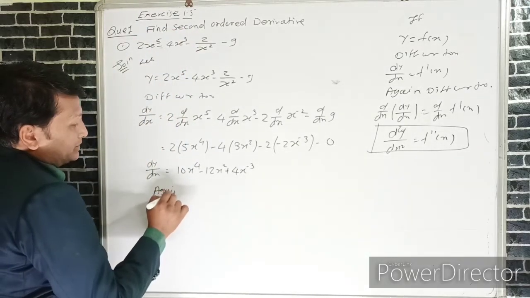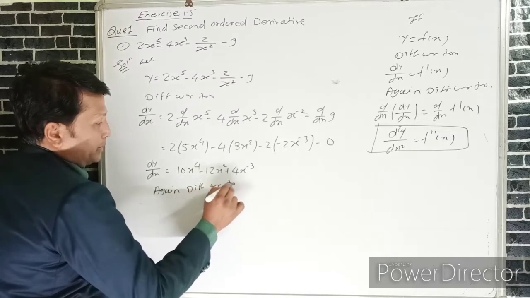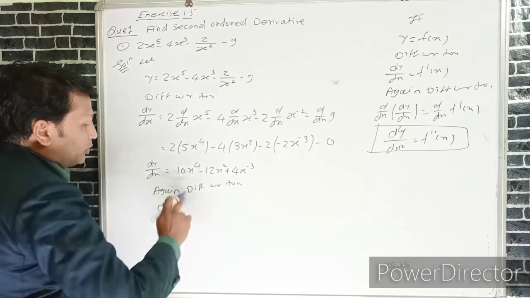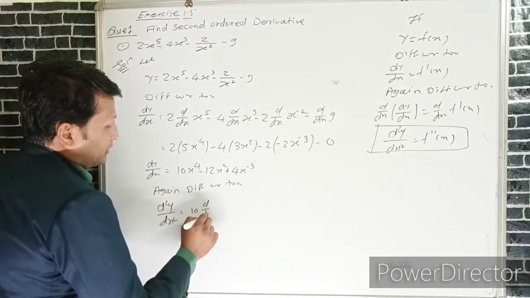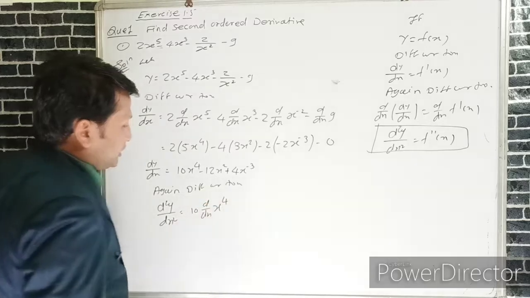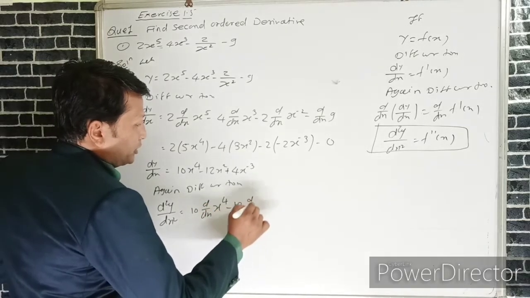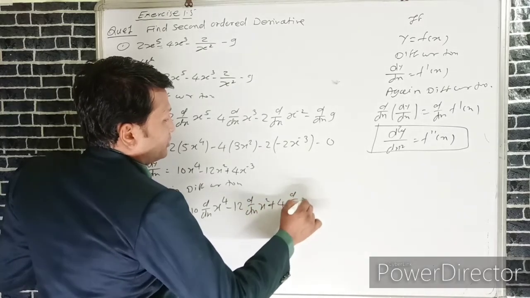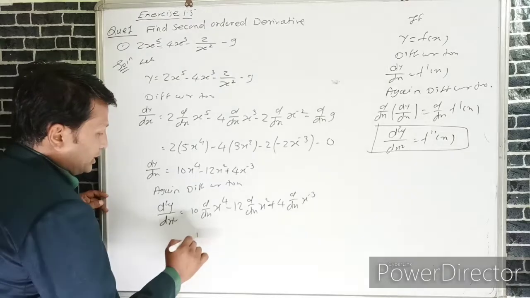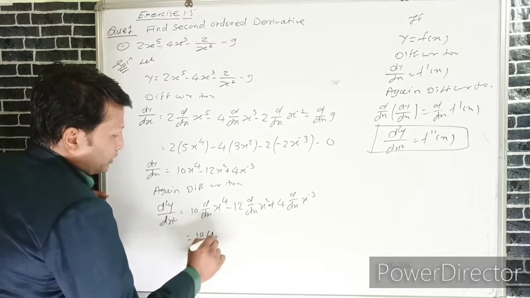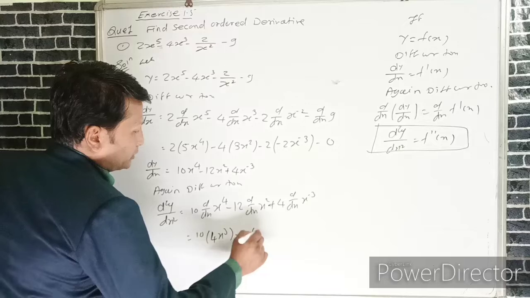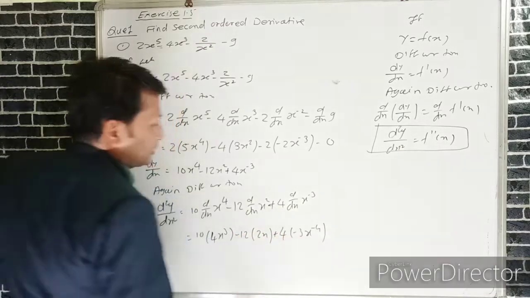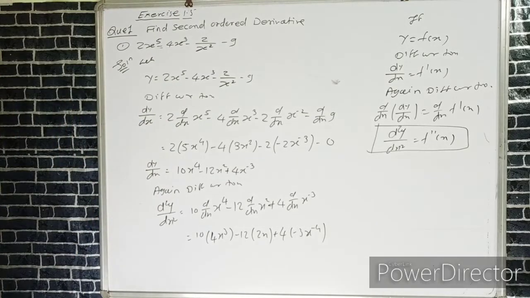So again differentiating with respect to x, the derivative of dy by dx which is d2y upon dx square: 10 is constant, we take the derivative of x to the power 4, minus 12 constant times the derivative of x square, plus 4 into the derivative of x raised to the power minus 3. That is 10 into the derivative of x to the power 4, 4x cube, minus 12 into the derivative of x square, 2x, plus 4 into minus 3x raised to the power minus 3 minus 1, x raised to the power minus 4.